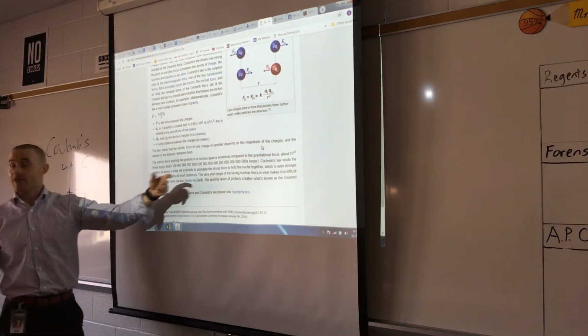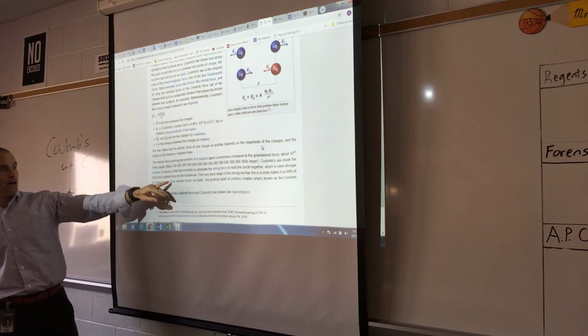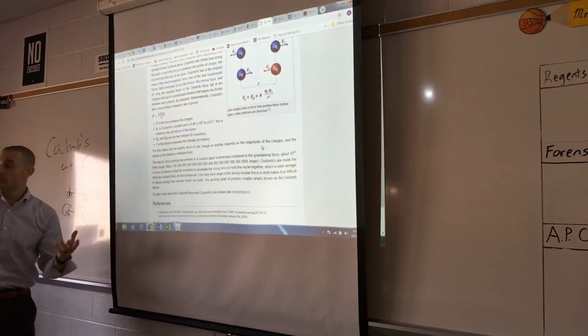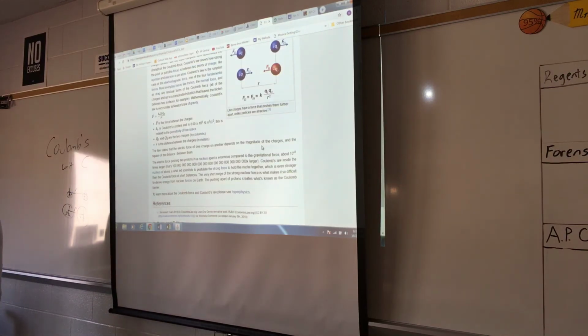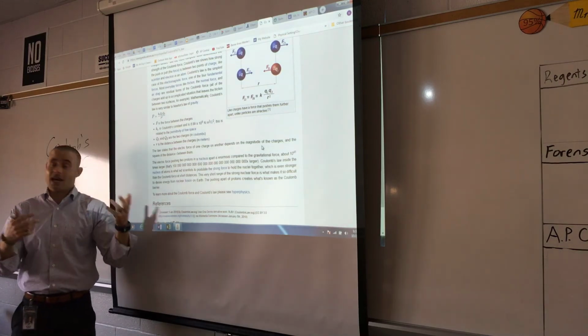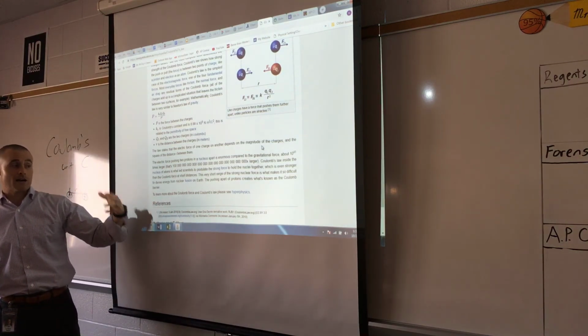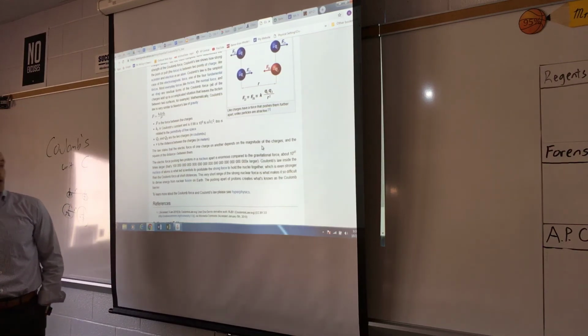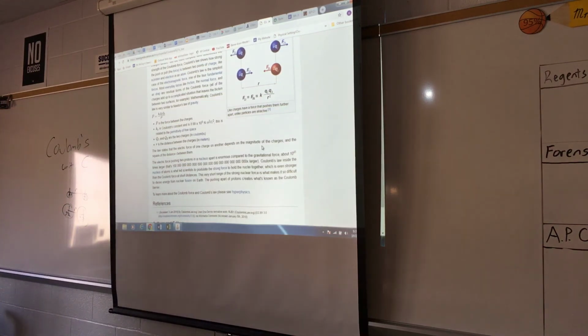So, I don't know. I find that stuff interesting. It's kind of cool. So the very short range of the strong nuclear force is what makes it so difficult to derive energy from fusion. Because we're messing with that force. To try and do fusion on Earth, we can't really do it. Not very well, not completely, like the sun. So the pushing part of protons creates what's known as the Coulombic barrier.